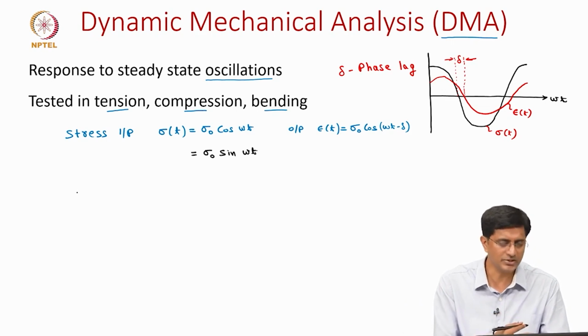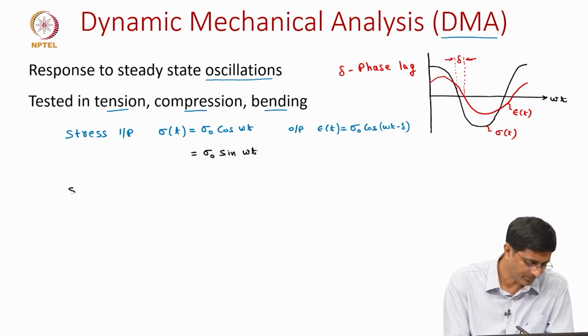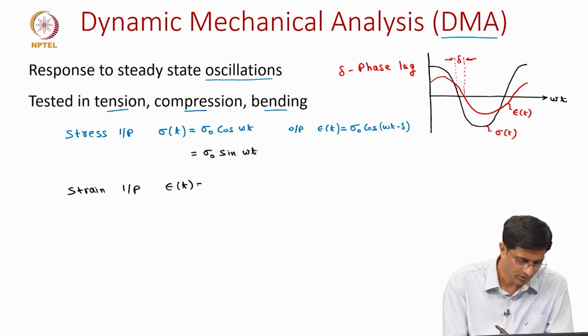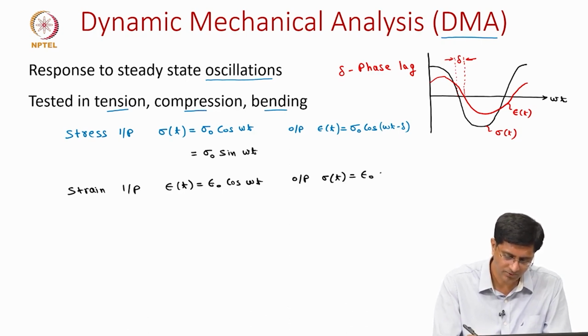But instead of the stress input we could also have a strain input. Let us say epsilon of t is simply given as epsilon naught cos omega t. The output stress sigma of t is then sigma naught times cos omega t plus delta.